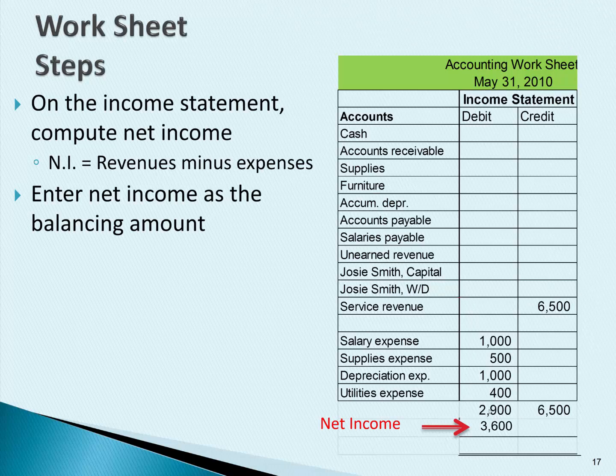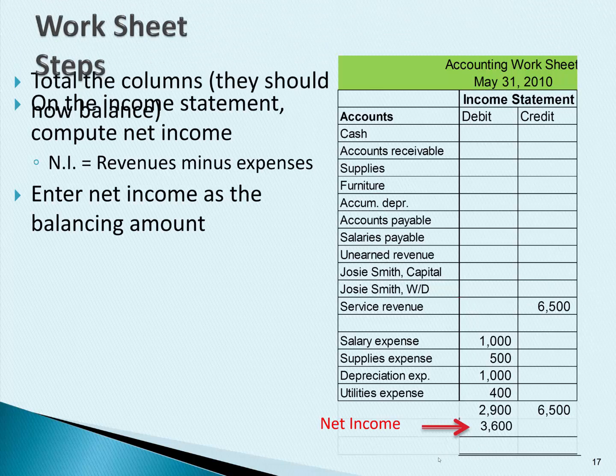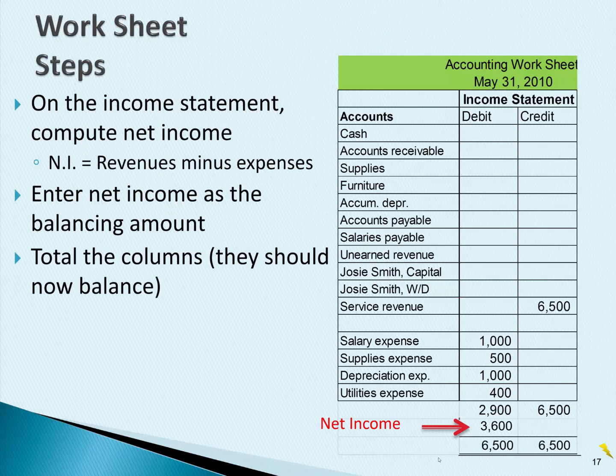And this time we're going to put the balance on the smaller side so that once we re-add the totals, the balances will be the same. So now notice we've got $6,500 of total debits and $6,500 of total credits. So now this set of columns balances. And notice we've also put the label here, net income.